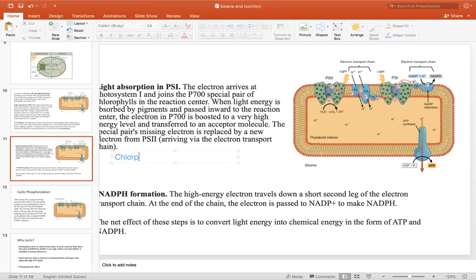So chlorophyll A, which is present in photosystem 2, goes to pheophytin, then it goes to plastoquinone.